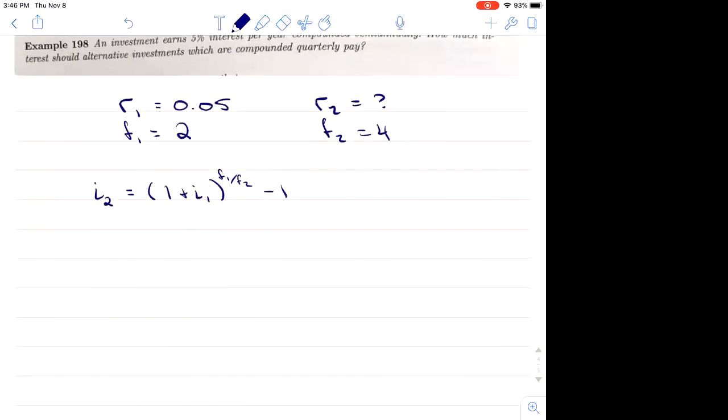I guess I should have found, I'll sneak in I1 up here. I1 is 0.05 over 2, which is 0.025. So I have 1 plus 0.025 to the power of F1, which is 2, over F2, which is 4, all minus 1.